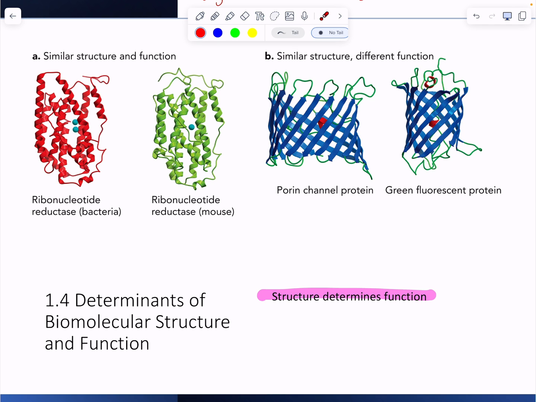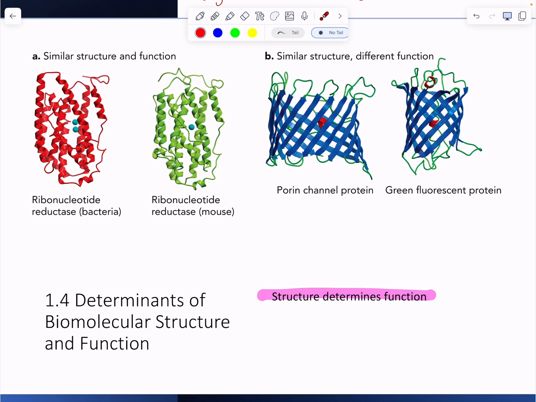The other one is a porin channel protein. So this allows ions or water, depending on the porin, to go in and out of a cell, and it acts like a little tunnel through a cell membrane.